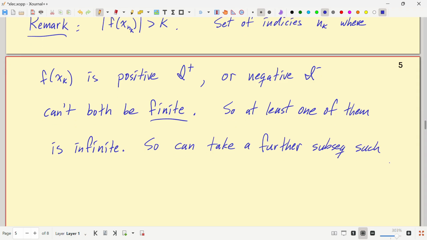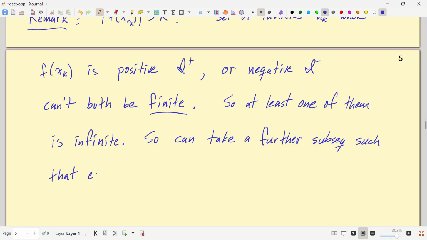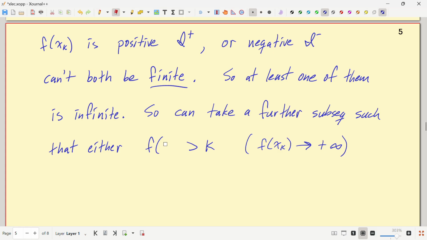such that either f of x_nk is greater than k, so it's obviously going off to plus infinity, or f of x_nk is less than minus k, and that would be the subsequence that goes off to minus infinity.